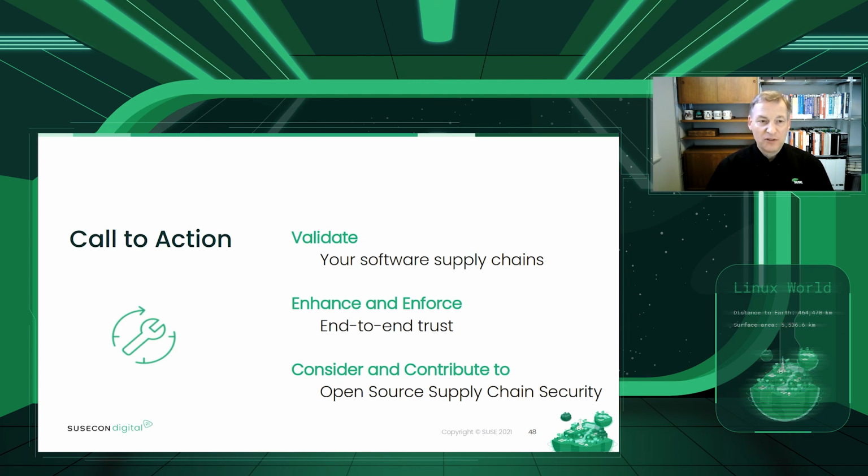And please also help all of us by contributing to an open source software supply chain security. This is very relevant because open source technology becomes more and more relevant these days, and we all would like to see this grow and contribute to all parts of human life. Thank you very much.